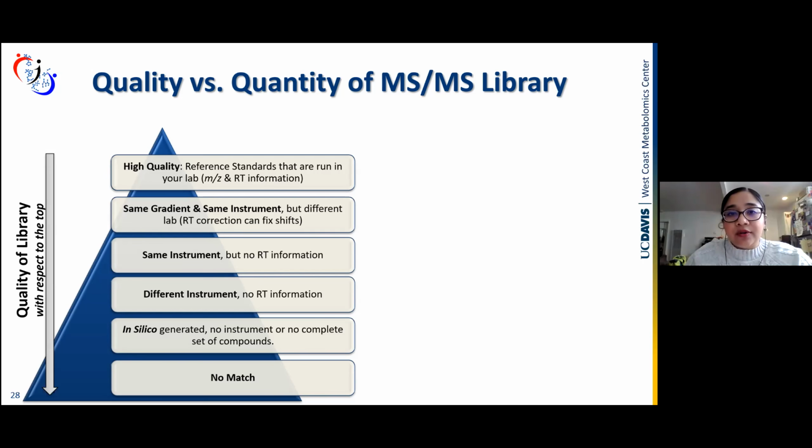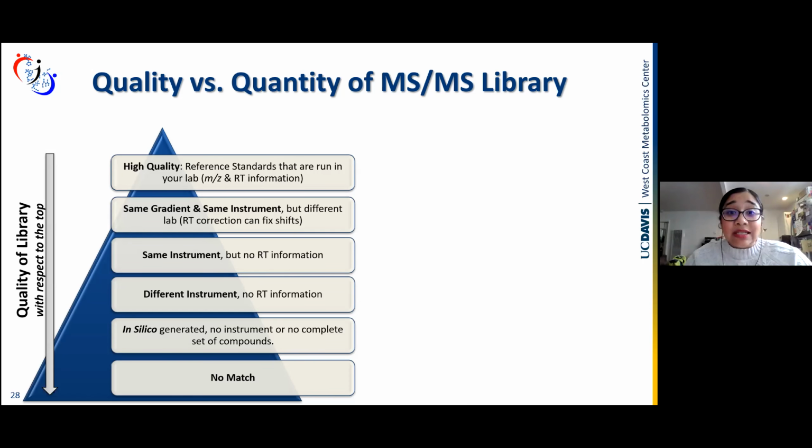There are in silico libraries that are made off of a few reference standard experimental data, and then the algorithm that's used is learning from the patterns observed in that small set of compounds, but it's not a complete set of reference standards. So it's not that it's poor quality. It could be a very high quality library. It's just the lack of trust, I feel like, might not be there for everyone.